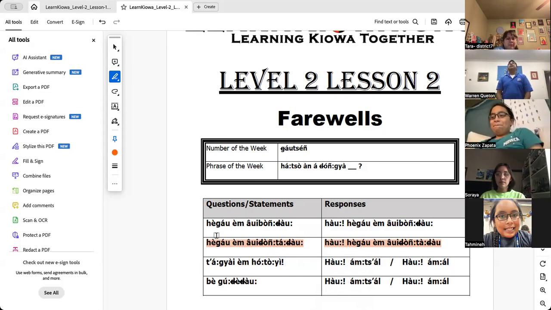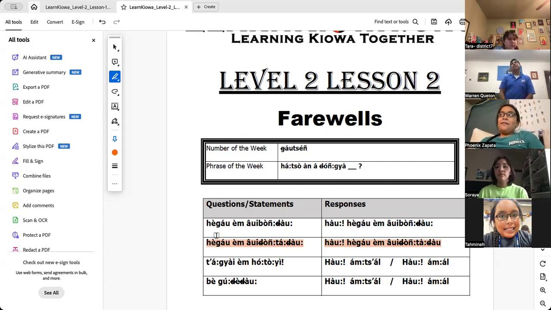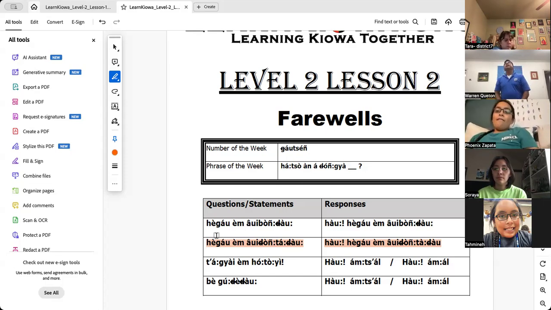So the second one is Hagar am I don't ta to. I'll say that again. Hagar am I don't ta to. It's a little hard because you've got so many T's in there. That TD sound comes out. That don't is like talk, and it's da, ta, and then da.